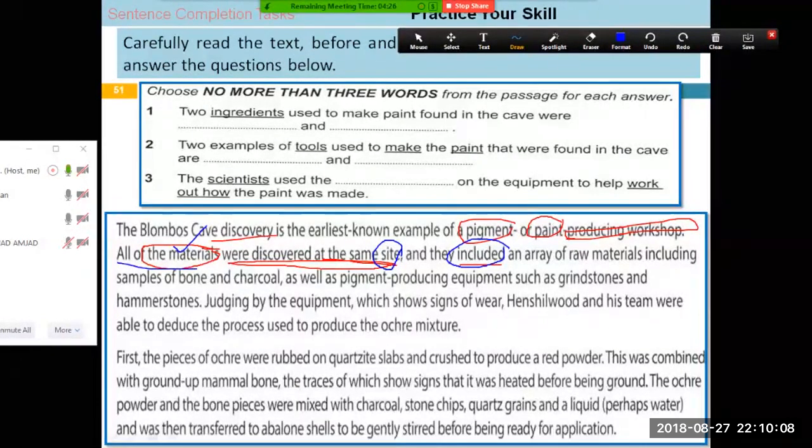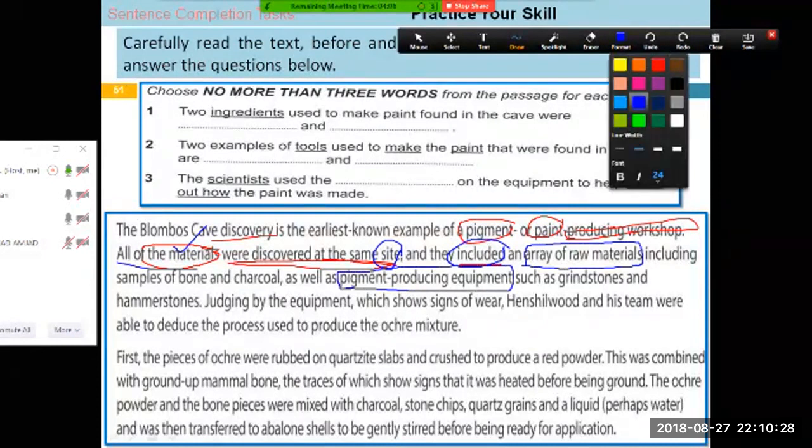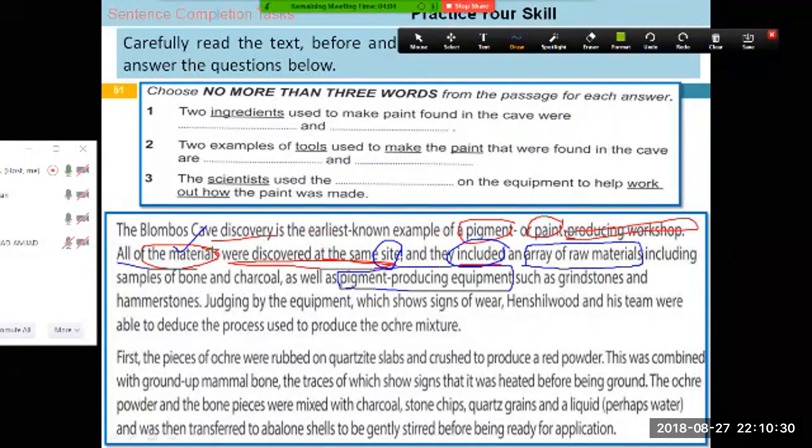The first thing is an array of raw materials, number one. The second thing is, as well as equipment, pigment producing equipment. These were the two things this author has mentioned.